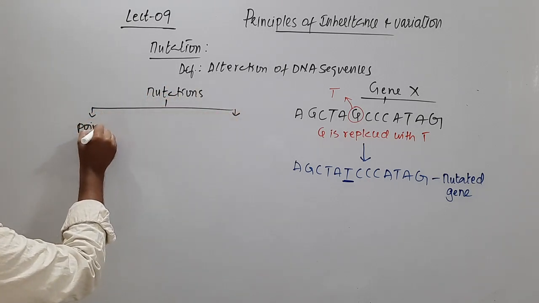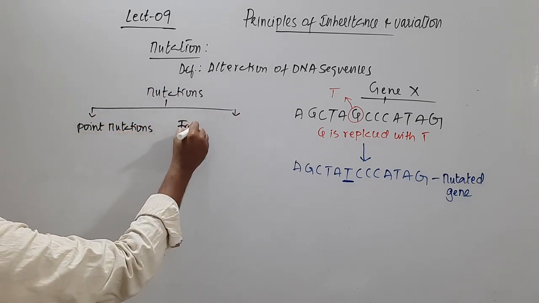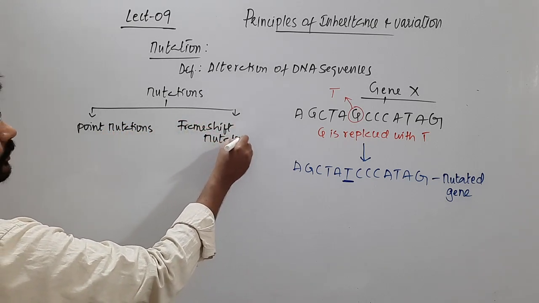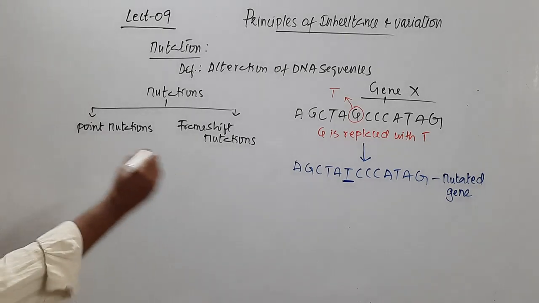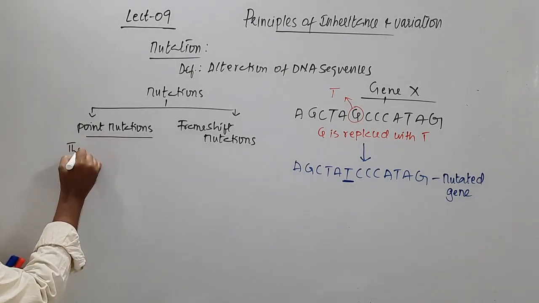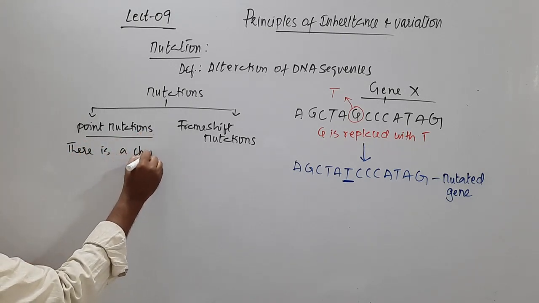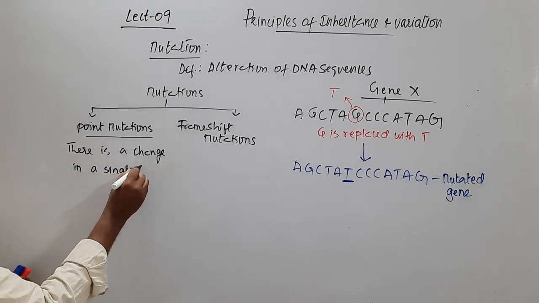One I call point mutations, and another is called frame shift mutations. So, point mutations and frame shift mutations. In the case of point mutations, there is a change in a single base pair.